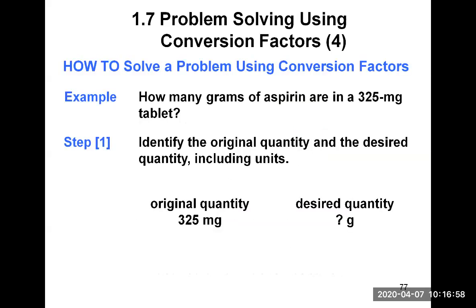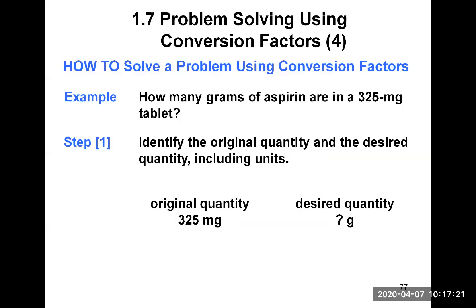Let's go over an example in detail to help you practice how to solve a problem using conversion factors. Example: how many grams of aspirin are in a 325 milligram tablet?